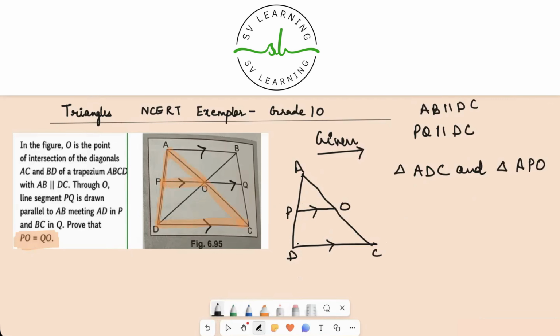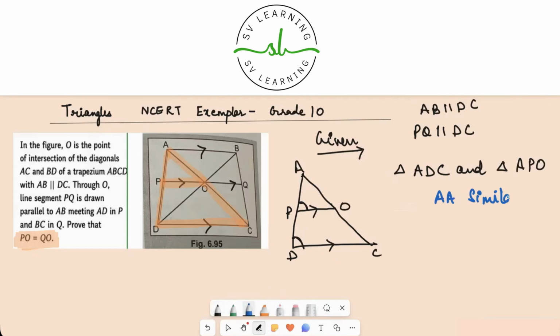Now, children, you know that we can prove them similar by AA similarity. How? Angle A is common to both, and angle P will be equal to angle D. Similarly, angle O will also be equal to angle C. Why? Corresponding angles. So with this, I can say that both the triangles are similar by AA similarity.